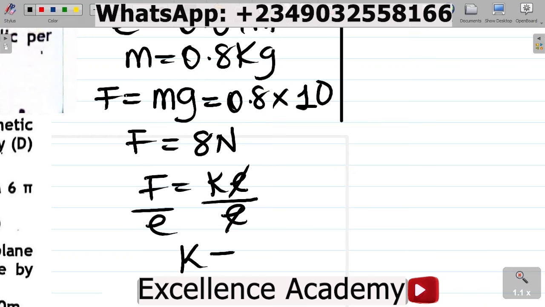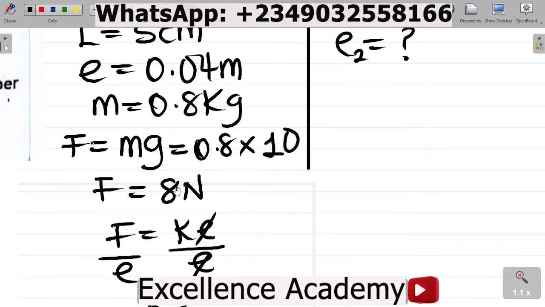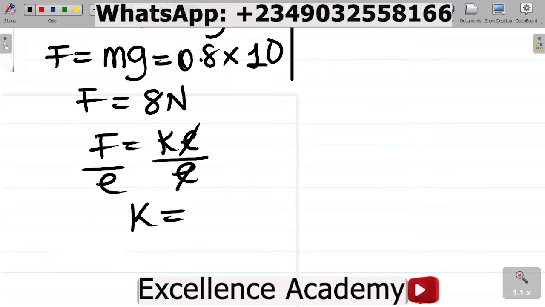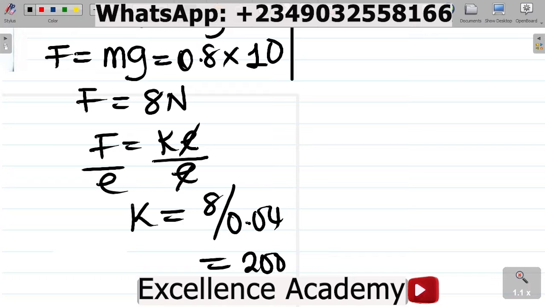So the constant K is equal to F over e, which is 8 all over 0.04. Let me get my calculator and punch this. 8 divided by 0.04 gives about 200. That's 200, with force in Newton all over extension in meters.